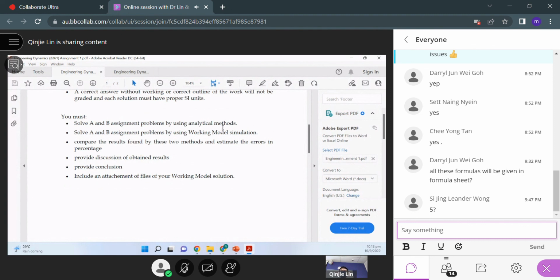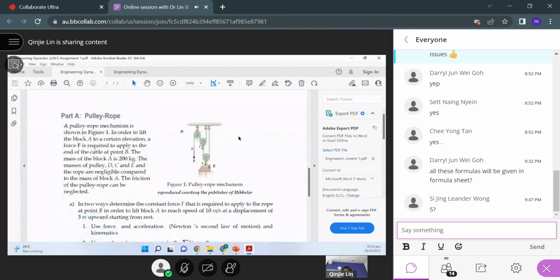Analytical means you really do out the equations and solve them like how you will solve in the exams. Whatever we have learned so far is analytical. Simulation is like using software, letting it run and finding the results. Finite element analysis and all those are simulation. We are not doing those, and I don't require you to do those.